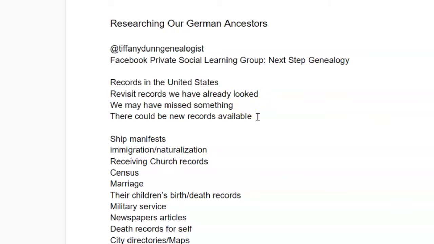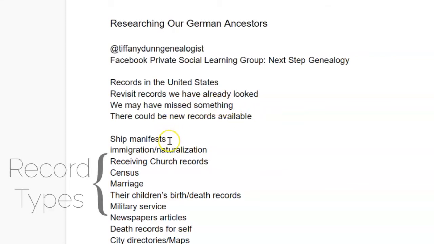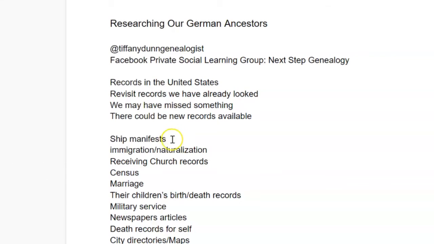There could be new records available since the last time you did research, so look in places that you've previously looked quickly, just to make sure there's nothing new available. What are some of the records that we may find for our German ancestors? We could find ship manifests from when they left Germany as they came into the United States. You could find immigration and naturalization records.